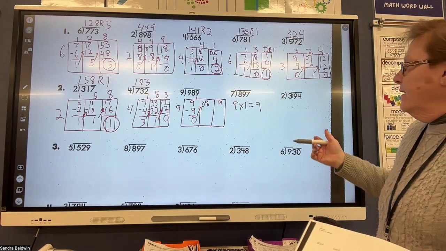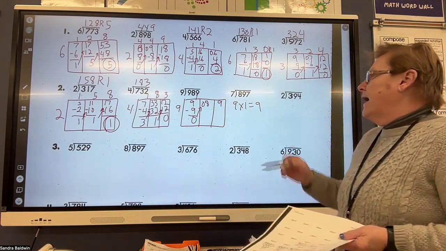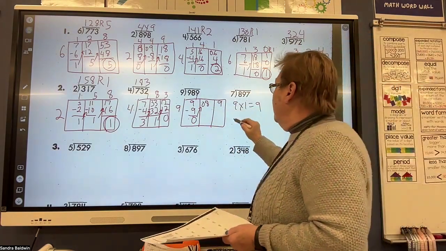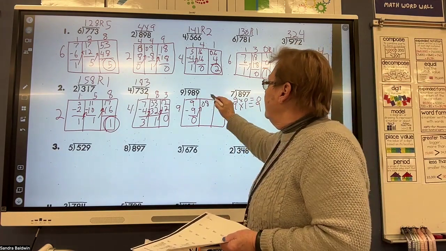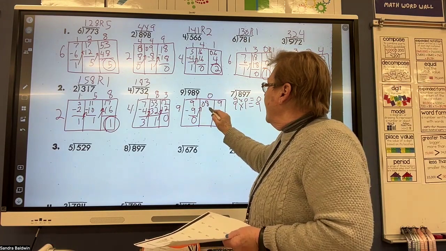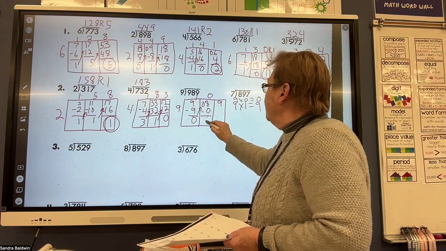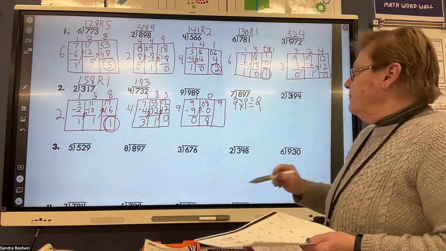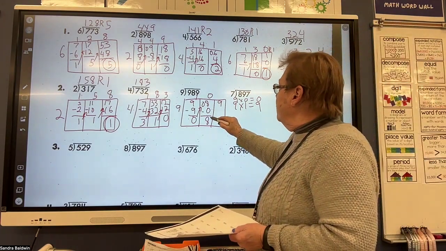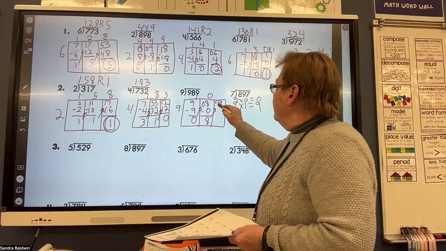I can't make any because 9 times 1 equals 9. So I'm going to be at 0 because 9 times 0 equals 0. 0 times 9 equals 0. I subtract that and I'm left with 8.